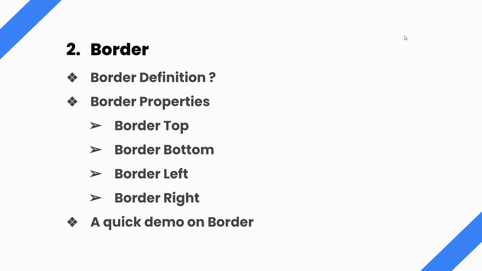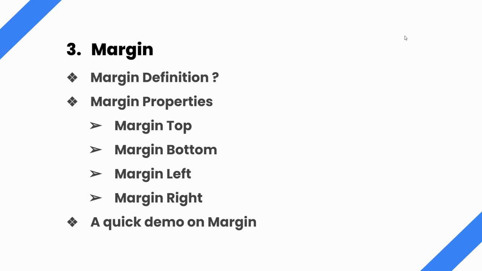So you would know that that means they don't need the overall border property to get styled, because the overall one actually affects everything together. But we'd also see how it could be used to style a particular property you want. Yeah. And also a quick demo on border, which will be done on VS Code.